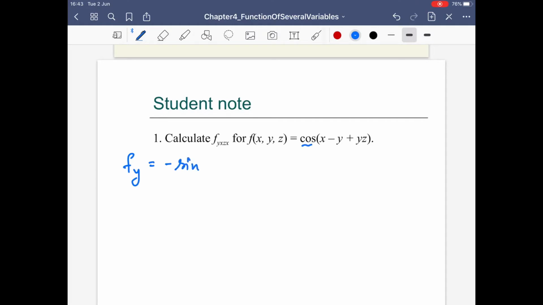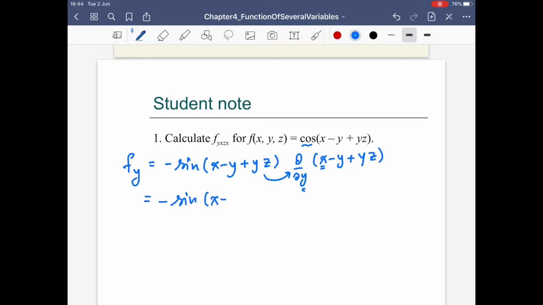So it's a negative of sine of the one inside, and then the derivative of the angle with respect to y. So you have x minus y plus yz. What is the derivative of this term? First, it is the x. In this context, your x is a constant, so you have this one. I copied first.